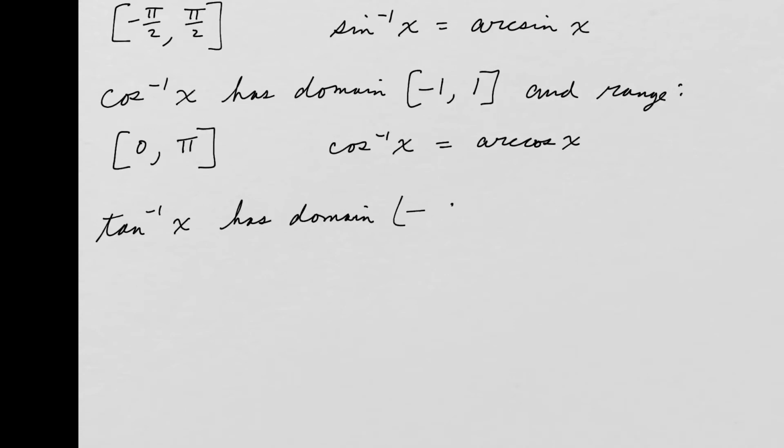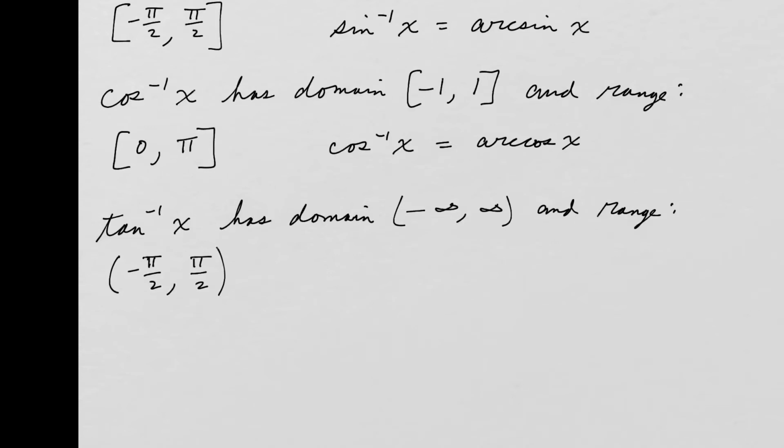And then for the tangent, so arc tangent or inverse tangent of x has domain in this case -infinity to infinity, and range is going to be negative pi over 2 to pi over 2. Right?